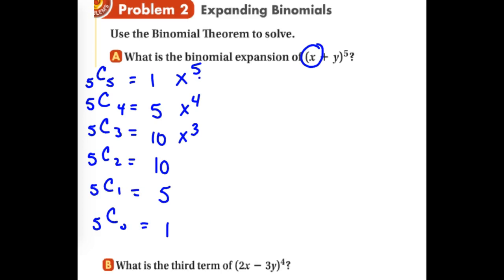This number was matching this number. Our power here is matching our power here, our X or R value, whichever way you're looking at it. Then we had to expand the Y piece, and Y started with our smallest number and went up.